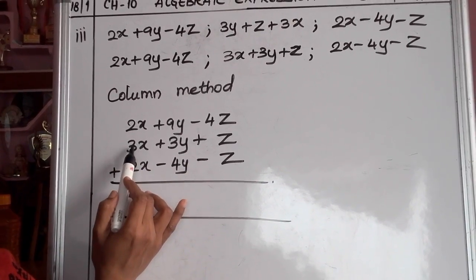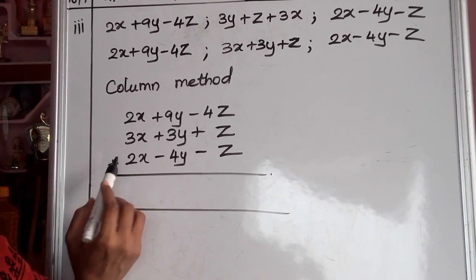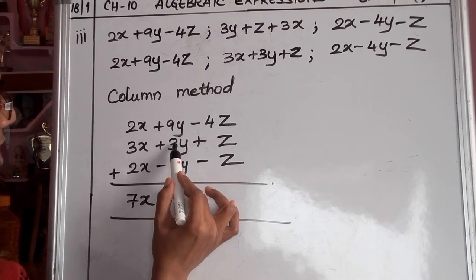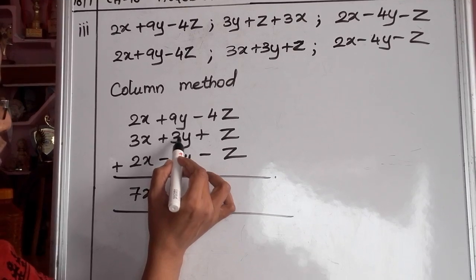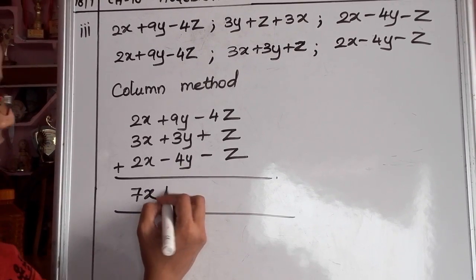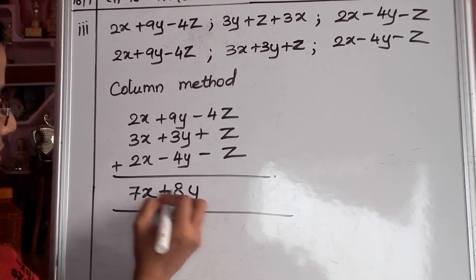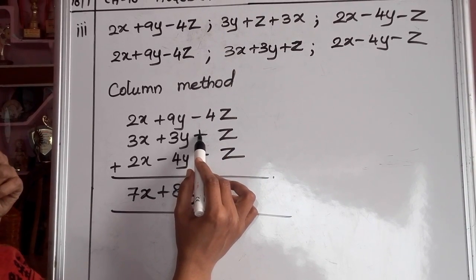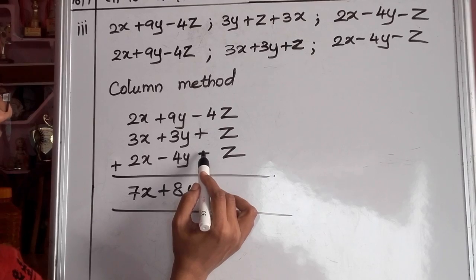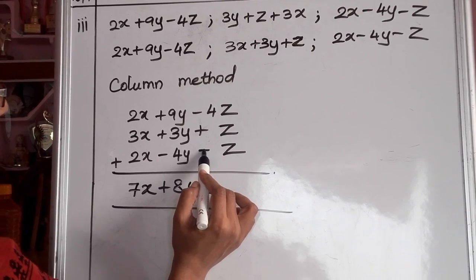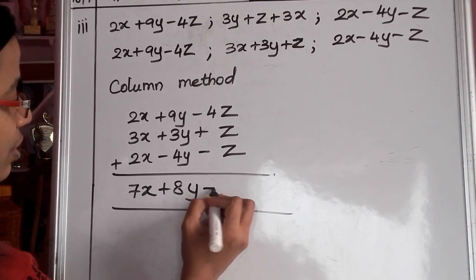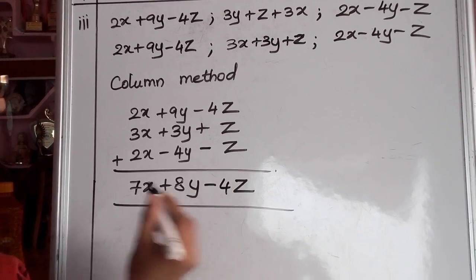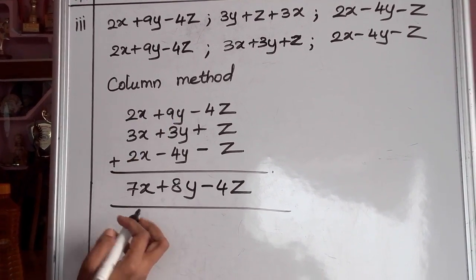So now 2 plus 3 is 5, 5 plus 2 is 7, 7x. 9 plus 3 is 12, 12 minus 4 is 8y. Now minus 4z plus z is minus 3z. Minus 3z minus z is minus 4z. This is what you got when you use the column method.